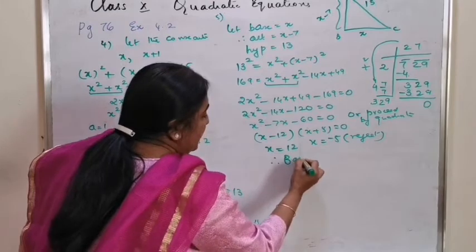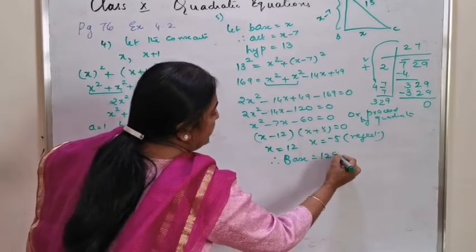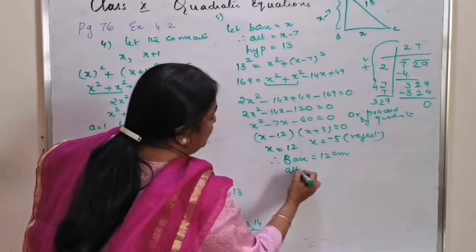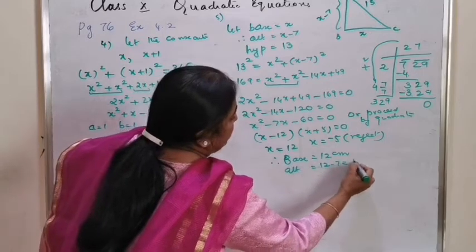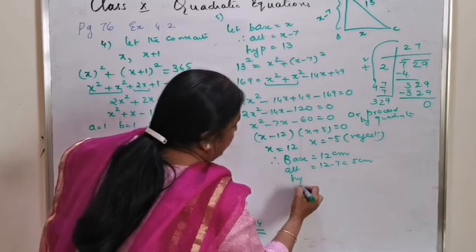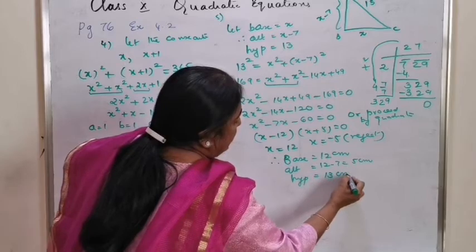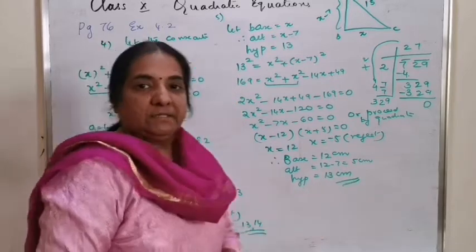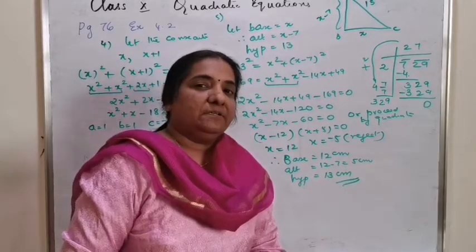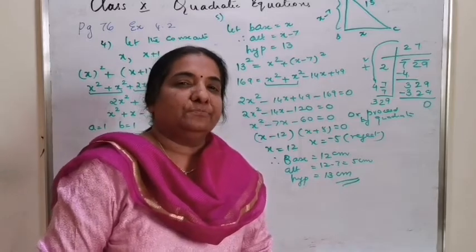Therefore, base is equal to 12 centimeter, altitude is equal to 12 minus 7, that is 5 centimeter, and hypotenuse is given as 13 centimeter. These types of problems are important from the exam point of view.